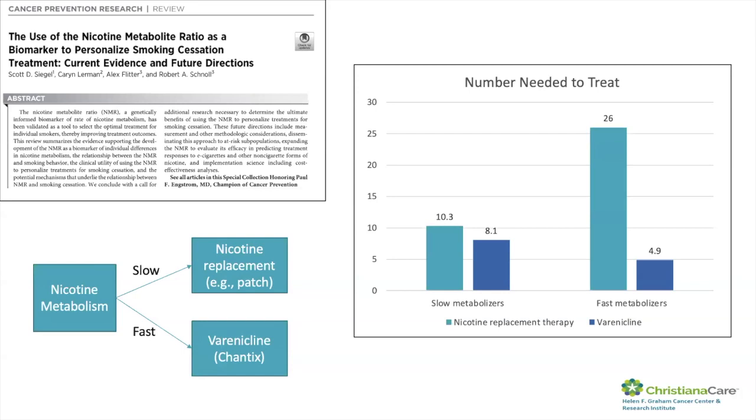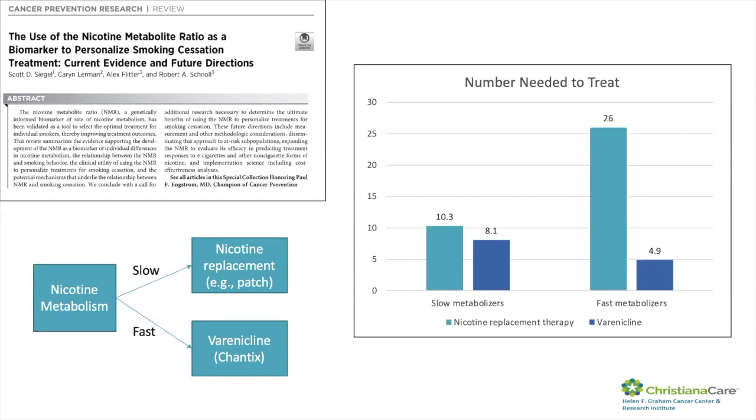So it would make sense to assign slower metabolizers nicotine replacement because, for number one, it's a much more cost-effective medication. And number two, although there was no difference in terms of outcomes, slower metabolizers who took varenicline actually reported more side effects.